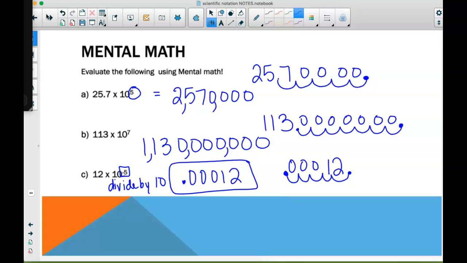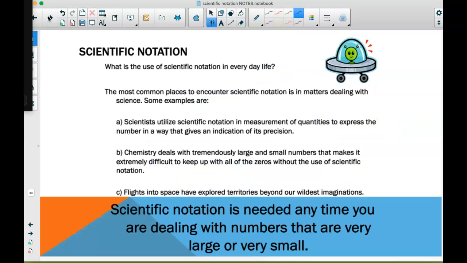Okay, now we're going to get to scientific notation. Okay, so there's a lot of writing on here. Don't write any of this down. Okay, scientific notation. Obviously, it has that name because it's mostly dealt with science, right? Scientists are sending a space shuttle to the moon or wherever.